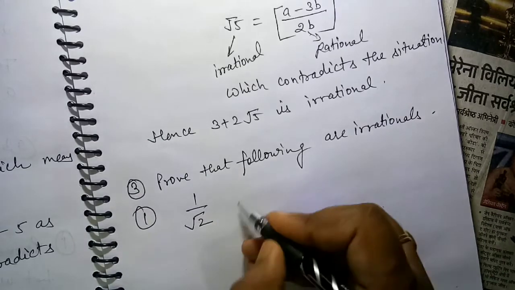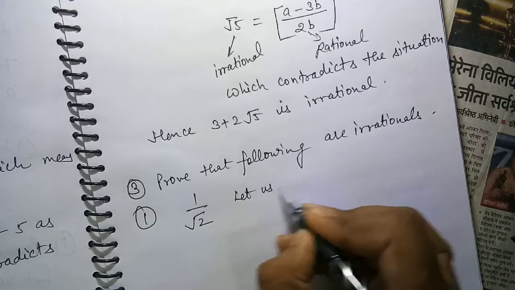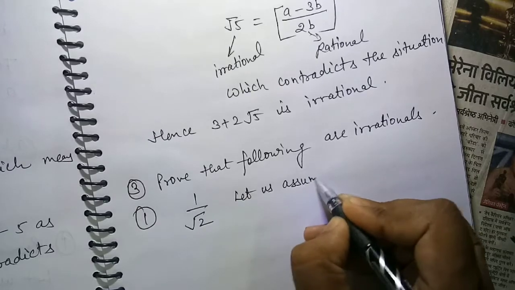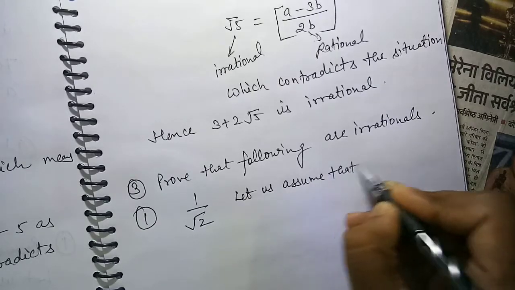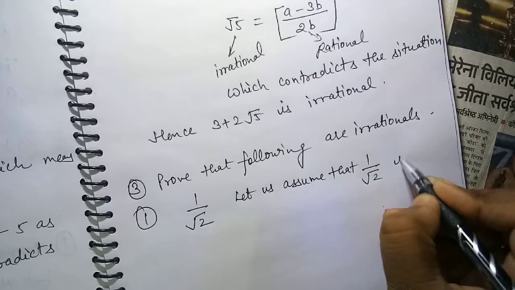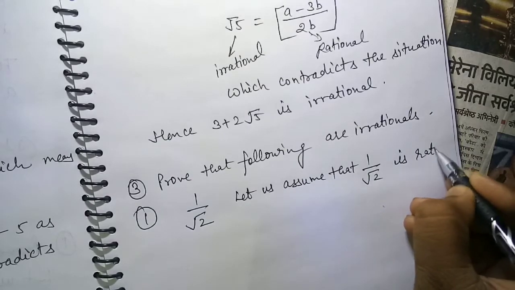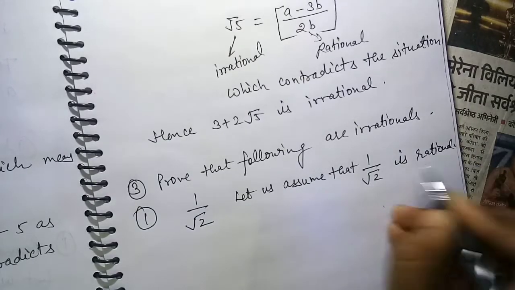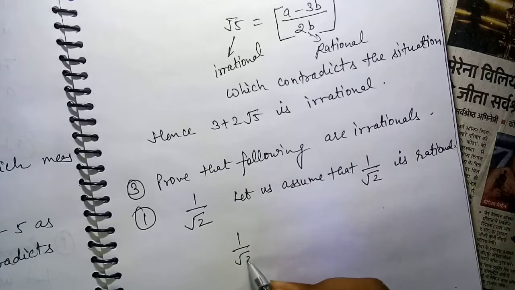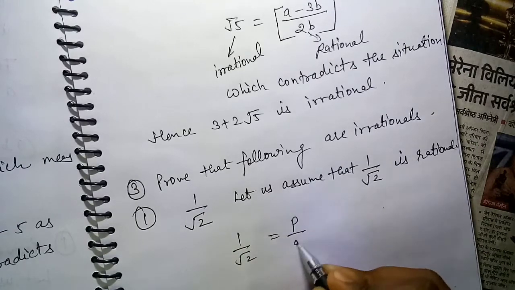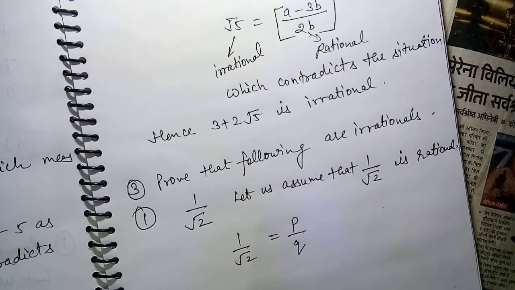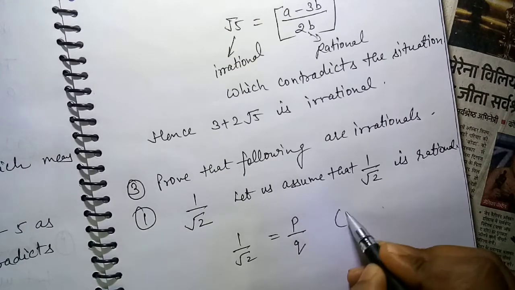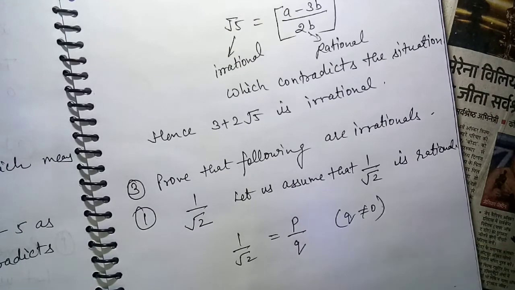So let us assume that 1/√2 is rational. So if it is rational, it can be written in the form of p upon q, where q is not equal to 0.